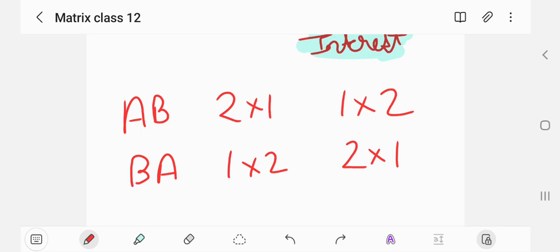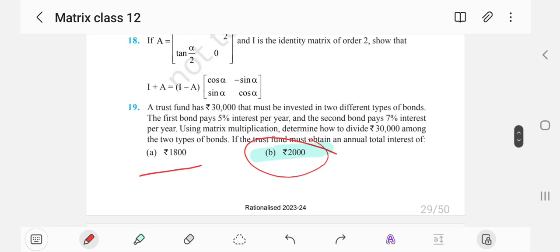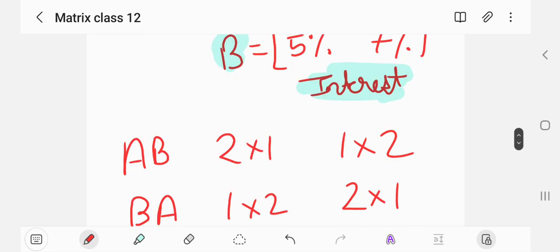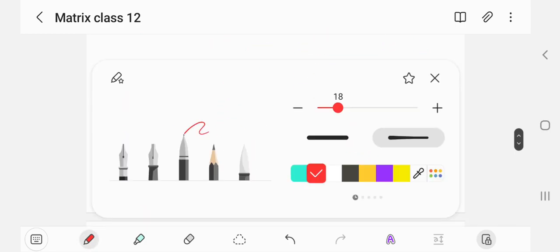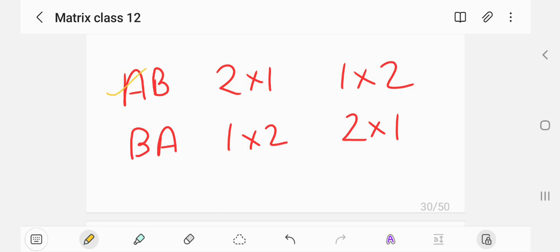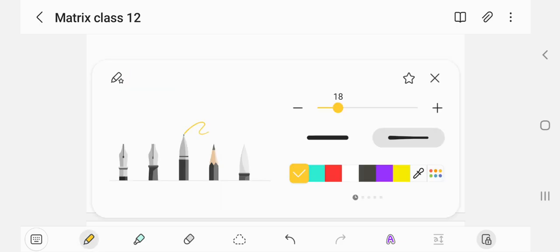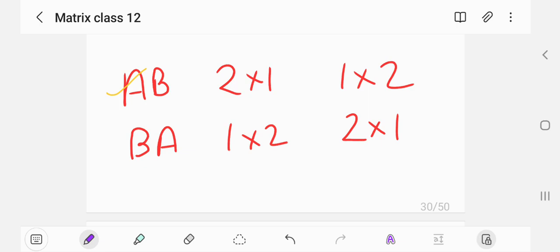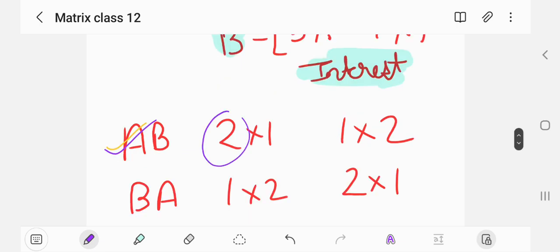We have to ultimately reach our interest of 2000 rupees. This 2000 is one single entry, one single quantity. If I go with the multiplication AB, the resultant matrix will be of order 2 by 2. I have already told you how we check this.